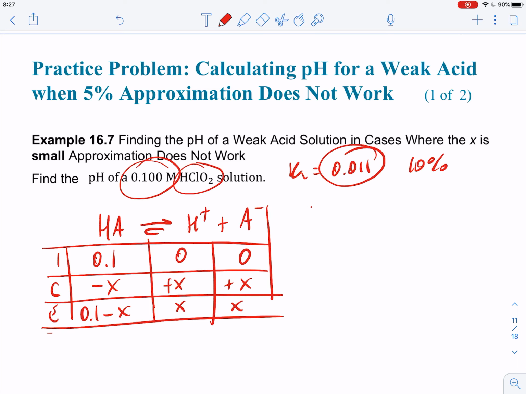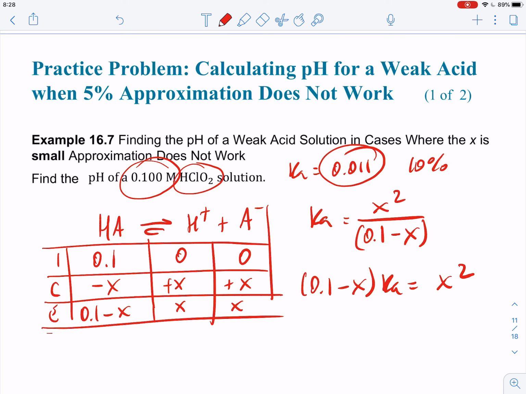So Ka is equal to X squared over 0.1 minus X. However, here we cannot get rid of that X in the denominator, so we have to keep it. If we multiply by 0.1 minus X on both sides of the equation, then we have 0.1 minus X times Ka equals X squared. And this becomes 0.1 Ka minus KaX equals X squared.